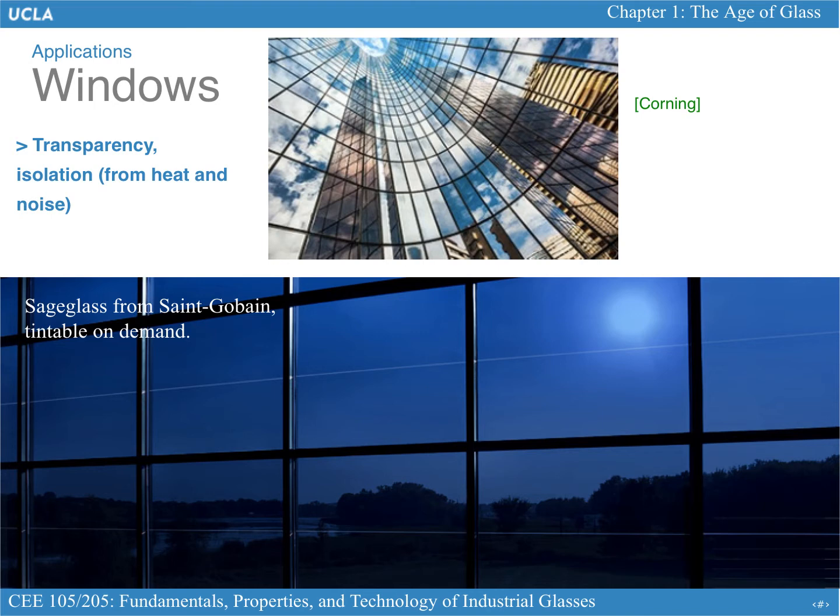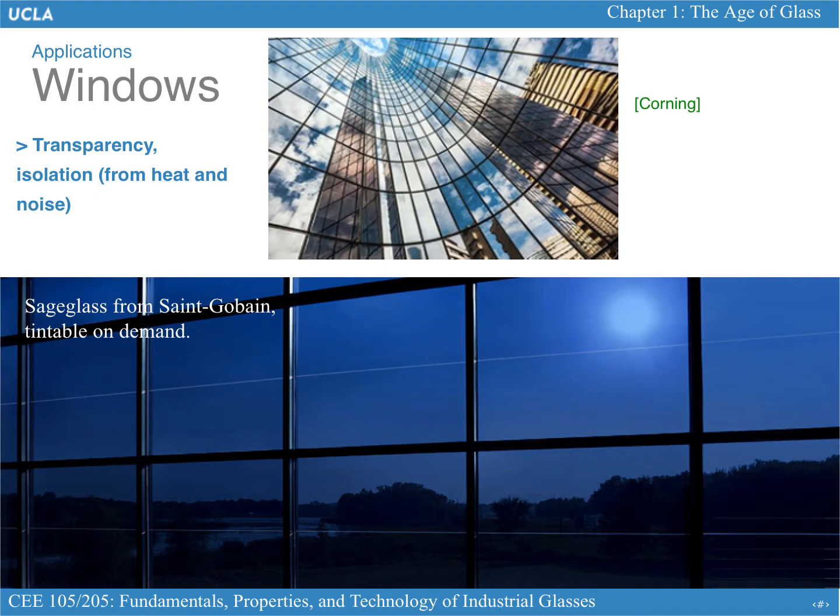So if it's raining, you don't want rain to come inside your house. This ability of glass to act as a material that isolates you from the environment while still being transparent is really what has changed the way we make buildings, and it allows us to have more luxury in our life and the ability to live inside and be protected from the environment while being able to see the outside world.